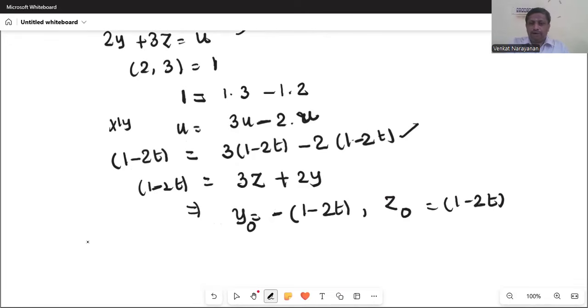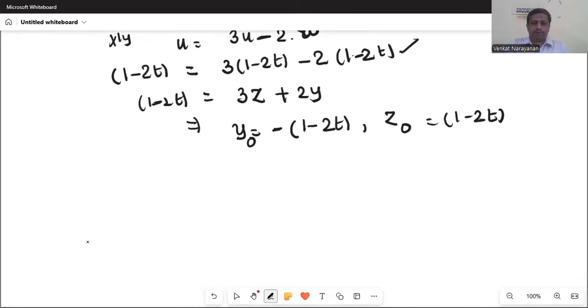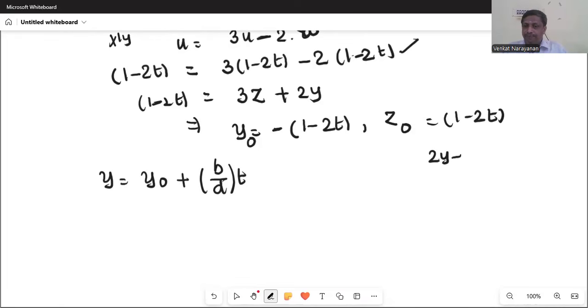Now, we can come to the final solution. What is the solution? y equal to y naught plus b by d into t. What is the b in this case? We can find the b from the equation 2y plus 3z.